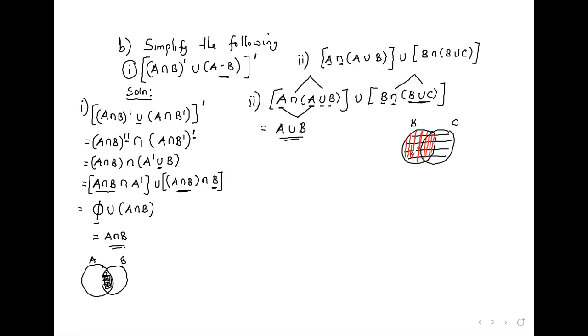And the answer is the part shaded twice. So you see, the part shaded twice is just B. And from the first one, it was just A. That's how we ended up having A union B. All right, okay, thank you.